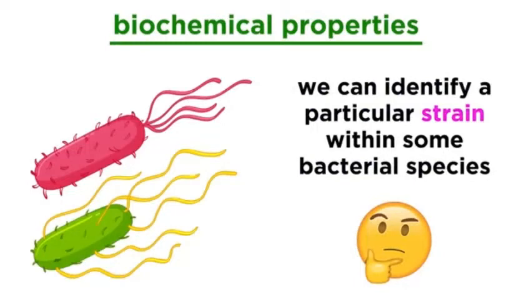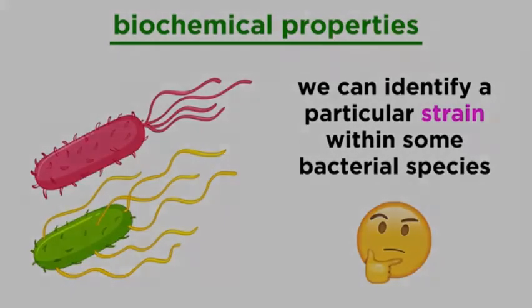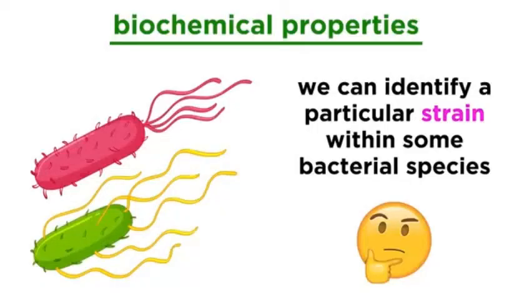These techniques have also been used to subdivide groups of organisms beyond the species level, down to a specific strain. Doing this by looking at the genetic makeup of the organism, especially in the case of an outbreak, is called biotyping.